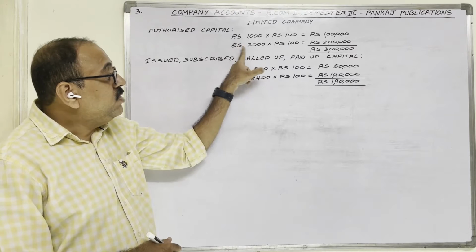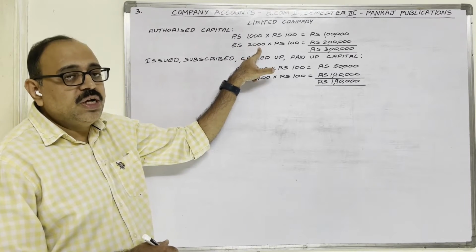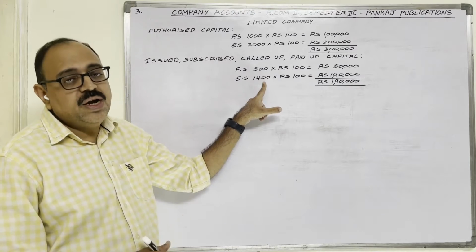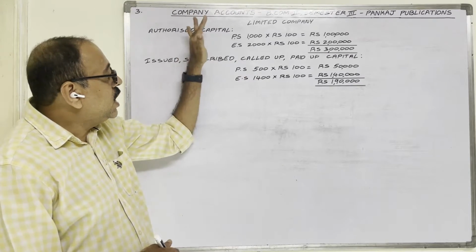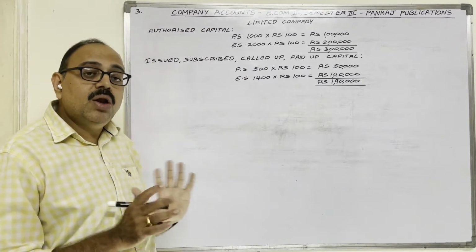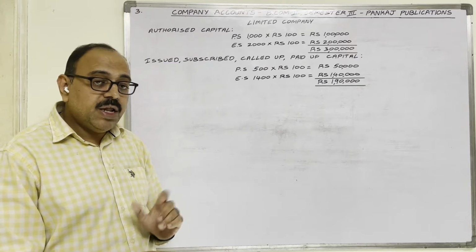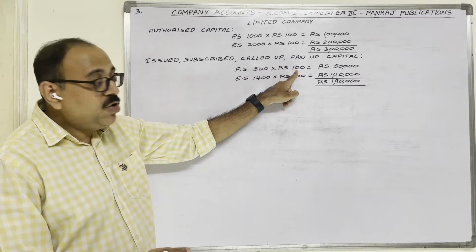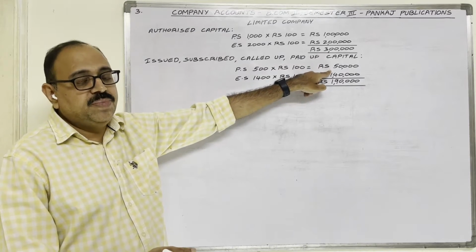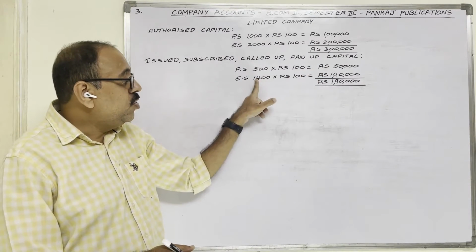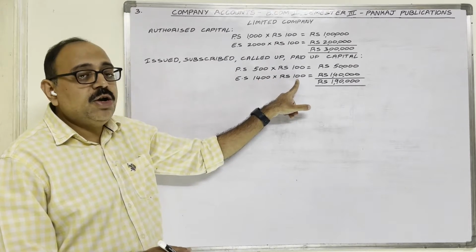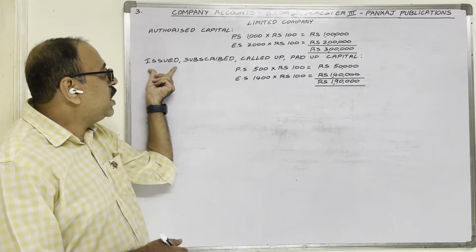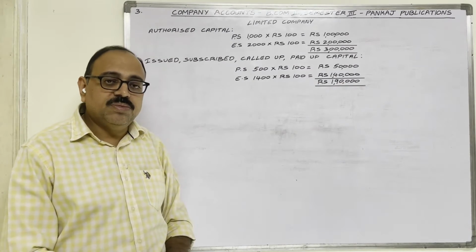Similarly, equity shares, out of 2000, in the current year, the company issued only 1400 shares. So authorized capital and issued capital are not the same. Issued capital is preference shares 500 at 100 rupees each, 50,000, and equity shares 1400 at 100 rupees each, 1,40,000. So total issued capital is 1,90,000.